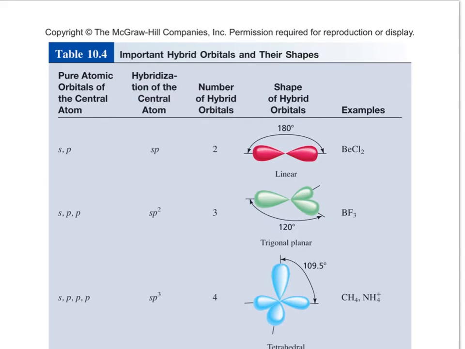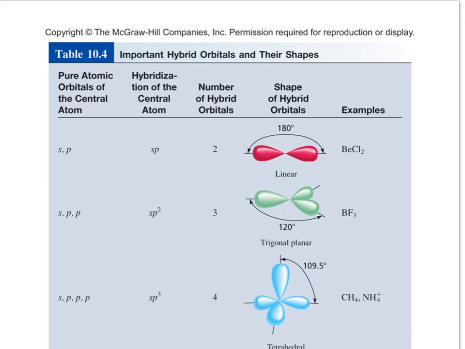When the central atom has an arrangement of pairs that is linear, again, arrangement of pairs, not necessarily the molecular geometry, for example beryllium chloride, which we learned is linear from VSEPR theory, the hybrid orbitals of the central beryllium atom are sp. 1s and 1p form the 2 sp hybrid orbitals, and it is linear.